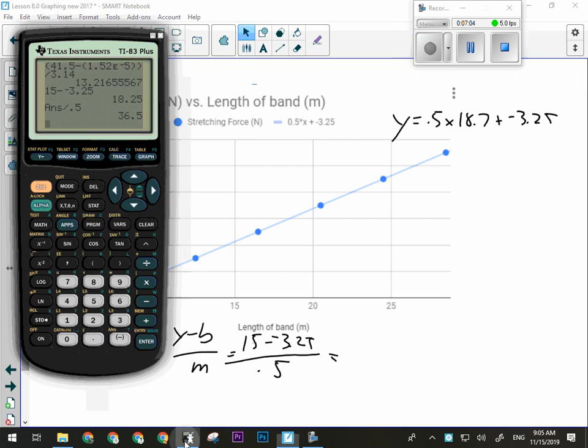Plug that in and we'll have our stretching force. So 0.5 times 18.7 minus 3.25. We should have 6.1 newtons worth of stretching force. Questions on those two? Okay.